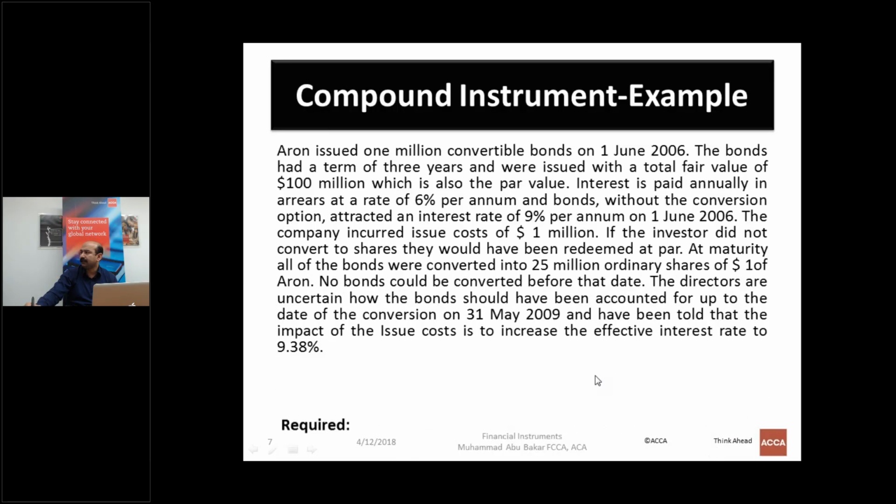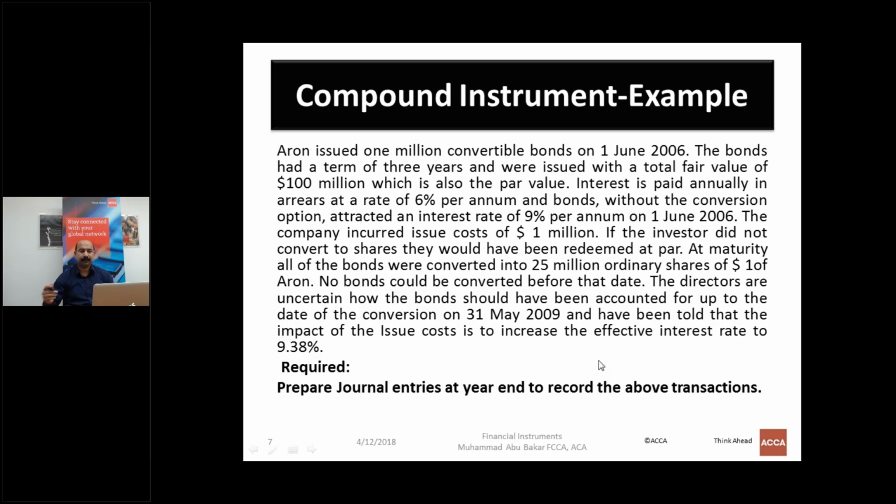Then this is another small example. Aaron issued 1 million convertible bonds on 1st June 2006. The bonds had a term of 3 years and were issued with a total fair value of 100 million, which is also the par value.